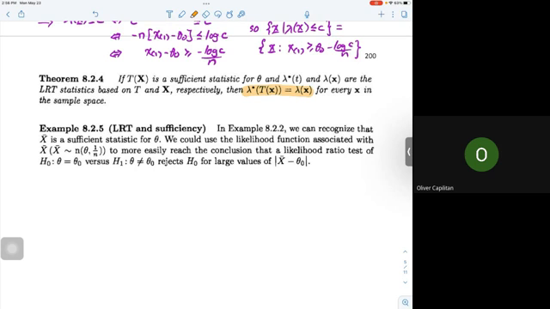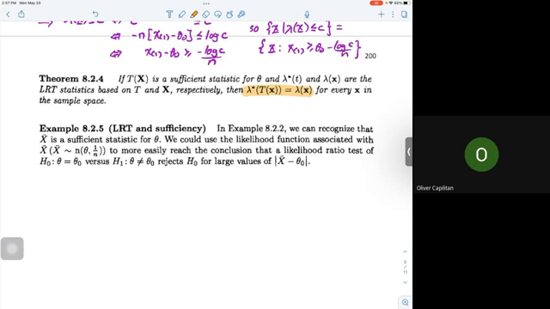So we could use the likelihood function associated with the sample mean, if we know, take note, as I have said, the distribution of our sufficient stat. So in this case, the distribution of our sufficient stat X bar is normally distributed with mean theta and variance sigma square over n. But yung sigma square natin sa example 8.2.1 man yun, yung variance natin dito, so 1 over n.